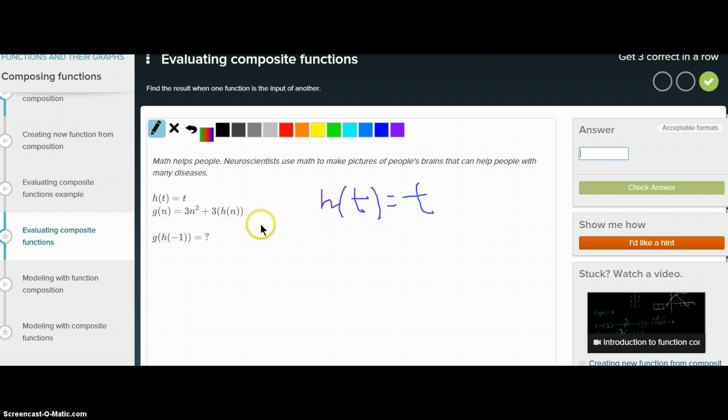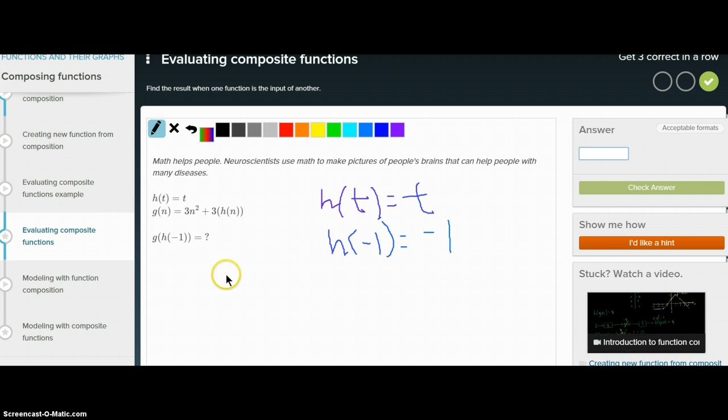Alright, so we're going to plug in negative 1. So we're going to have h of negative 1. And since t is just the variable, we're going to have h of negative 1 equals negative 1.